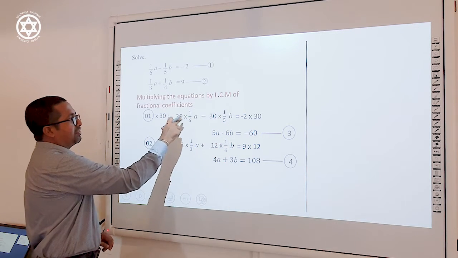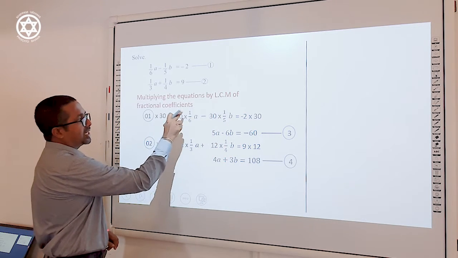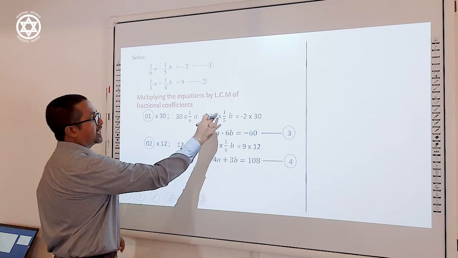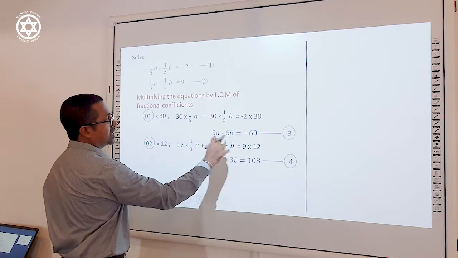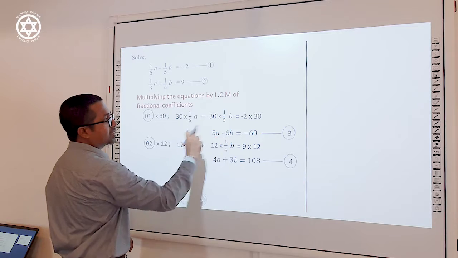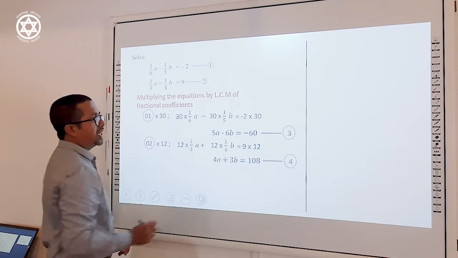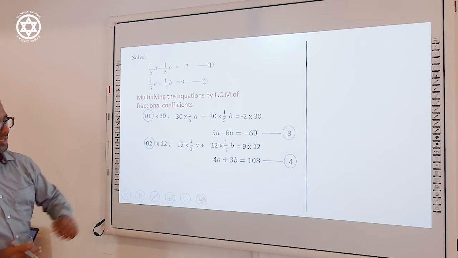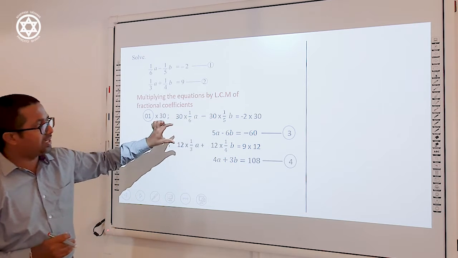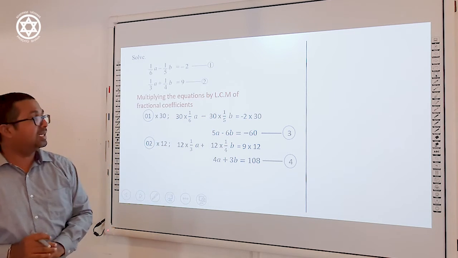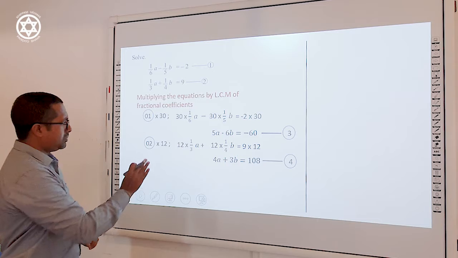Then you can see 5 times a, 5a remains here, and 6 times b, 6b. So 5a minus 6b, and minus 2 times 30 is minus 60. You can take it as the third equation. You can see that in this equation there are no fractional coefficients.